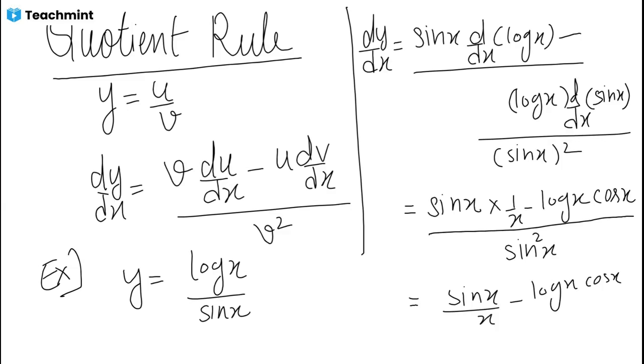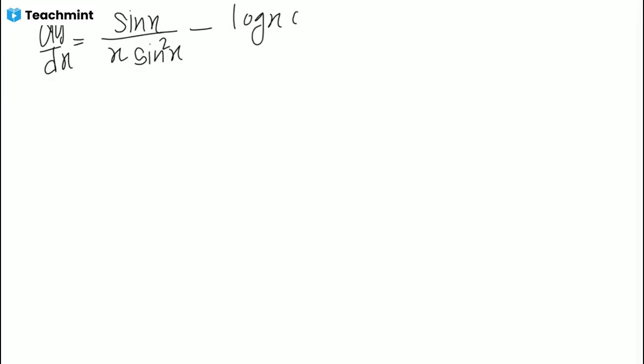Or we can do one more thing: sin square x is the denominator of both terms, so we can split it. In the next step, dy over dx is equal to sin x over x into sin square x, minus log x into cos x over sin square x.